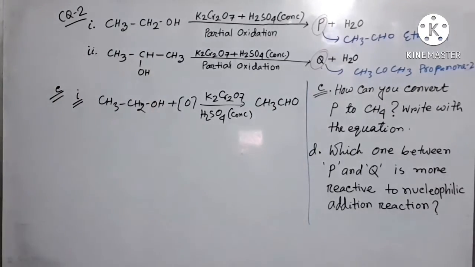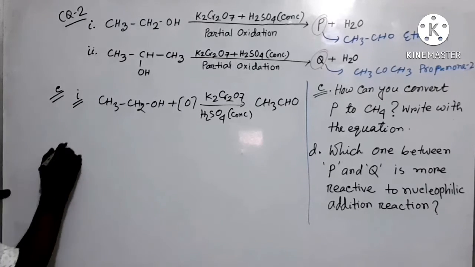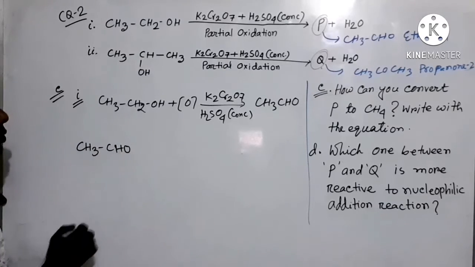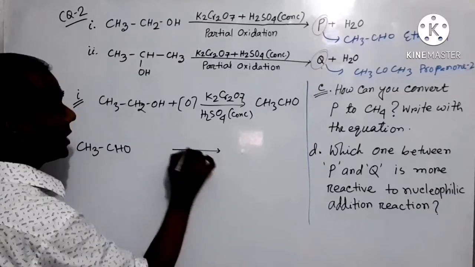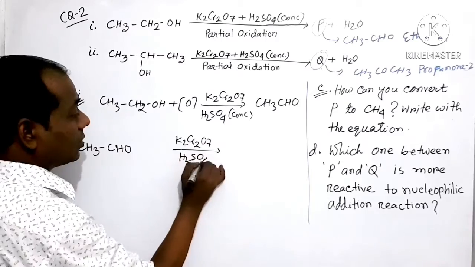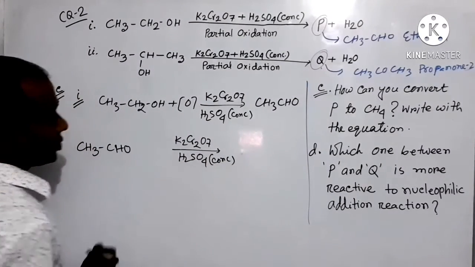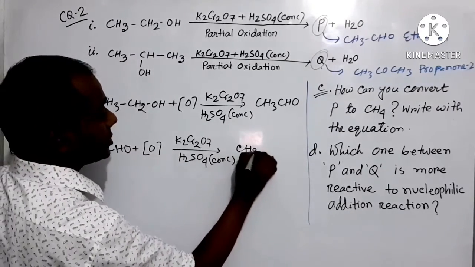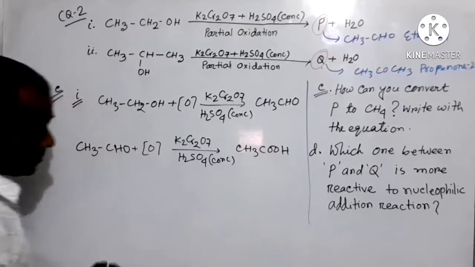If ethanal is oxidized with concentrated sulfuric acid, then we get ethanoic acid. That means CH3CHO again reacts with potassium dichromate, K2Cr2O7, and concentrated sulfuric acid, H2SO4, then we get ethanoic acid, CH3COOH.